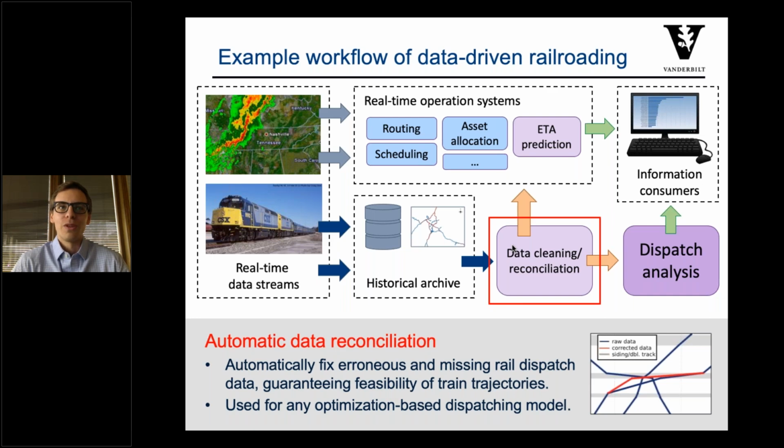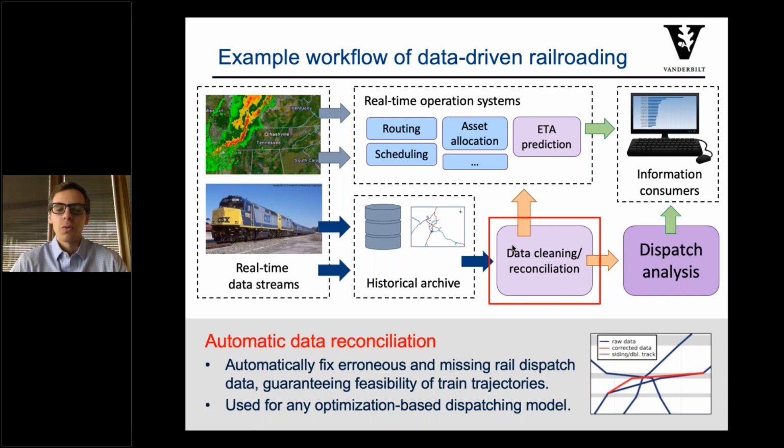The reason for the fancy title is that these methods automatically fix erroneous or missing rail dispatch data, and importantly, they guarantee the feasibility of the resultant train trajectories. So this isn't necessarily the normal denoising or outlier detection that we're used to in data cleaning, but it includes details all the way down to the interaction between specific trains.